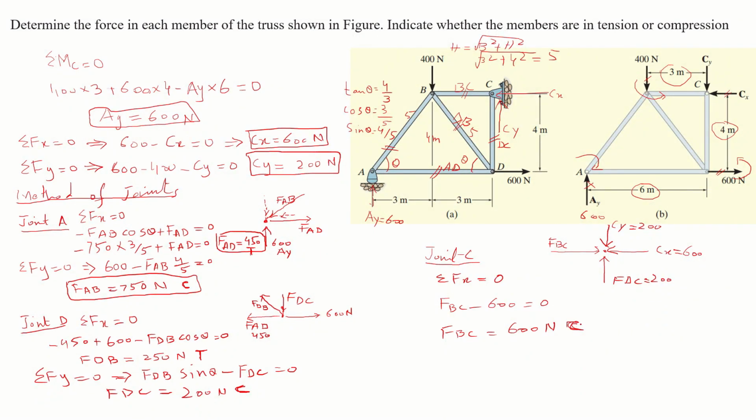So we place a C here to show it is a compressive force. So these are the forces in each of these members. So now we can easily design these members. I have highlighted these forces.